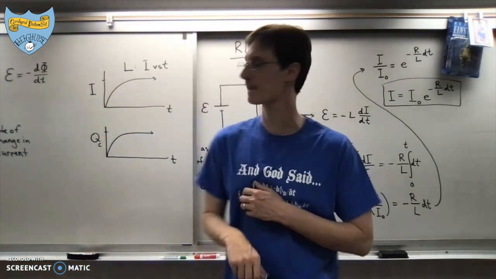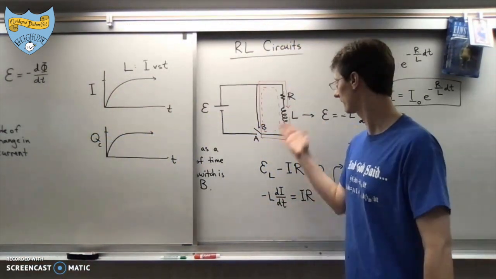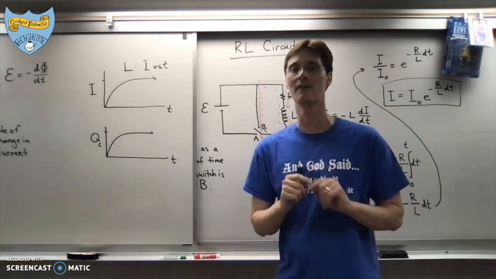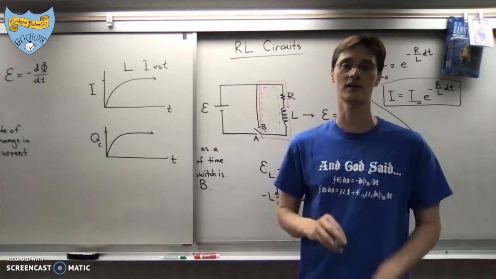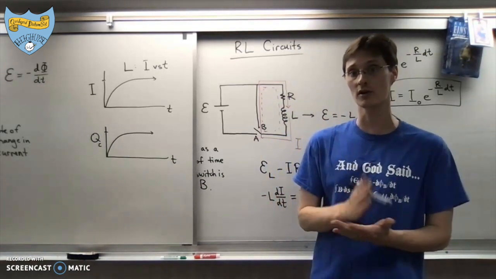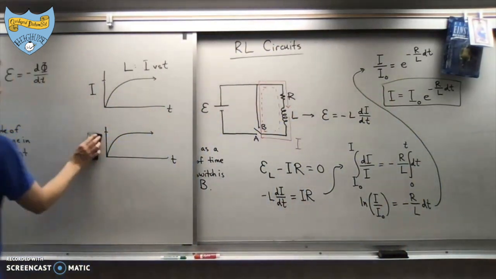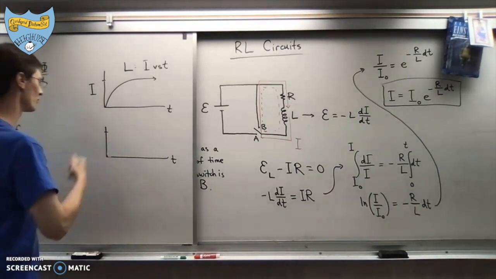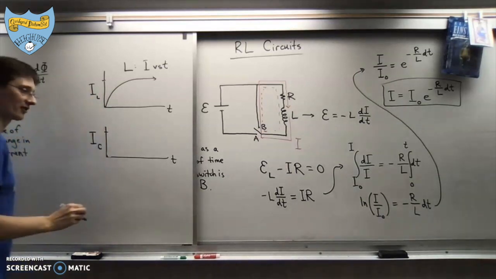However, for a capacitor, the moment when you have the maximum current is right at the start, when there's no charge on the capacitor. So I will now morph this into a graph of current through the capacitor as a function of time.